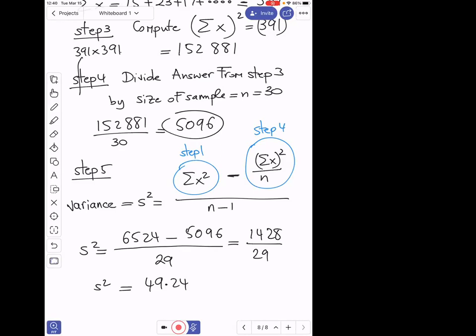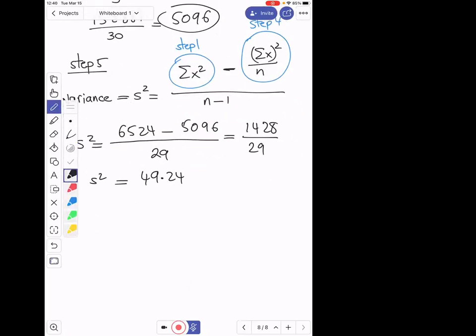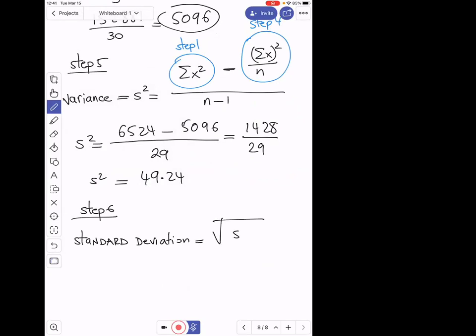So now my standard deviation would be the square root. That's the last step, step 6. The standard deviation S is the square root of S squared. So that's the square root of the answer from step 5, the square root of 49.24.